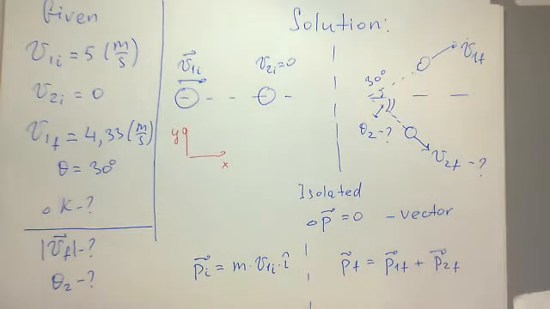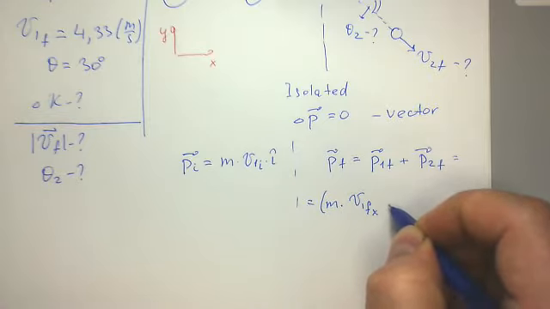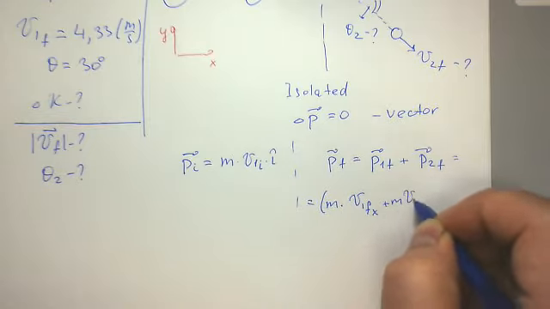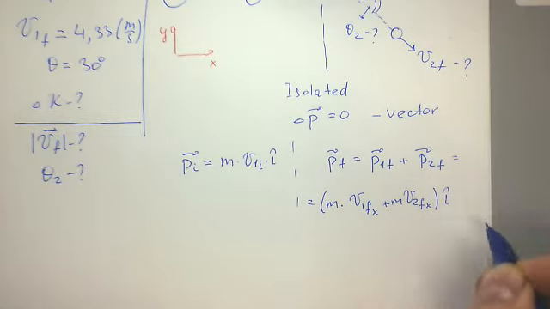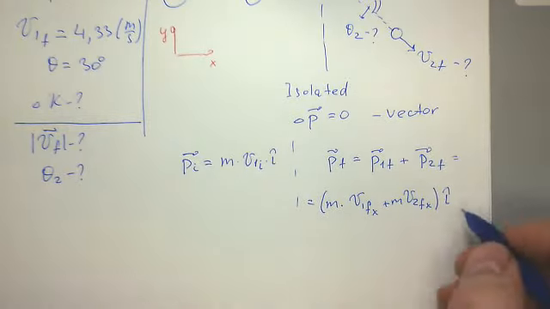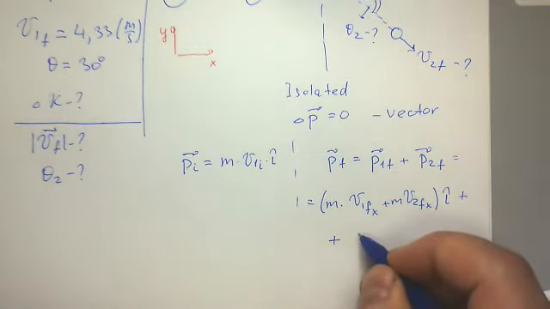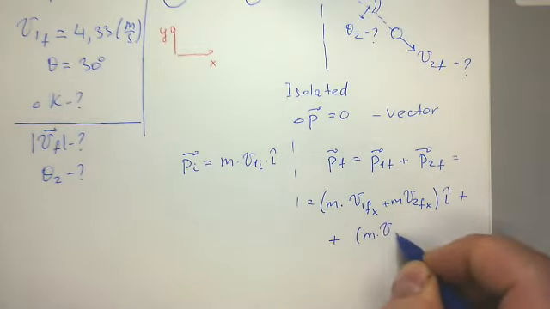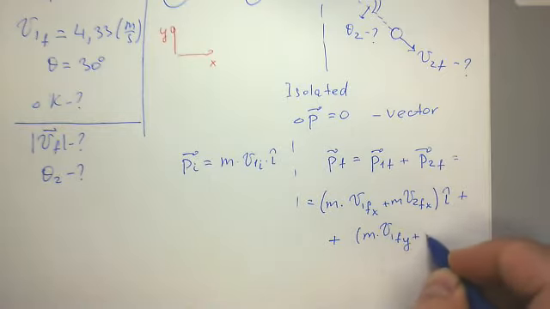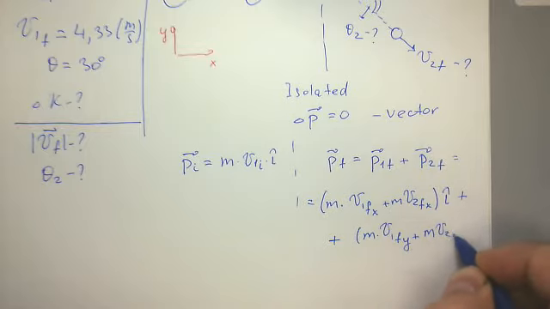Now let's express this in the form of mv. That gives us m times v1 final x plus m v2 final x, which is the x component of the final momentum, times i hat, plus m times v1 final y component plus m v2 final y component times j hat.